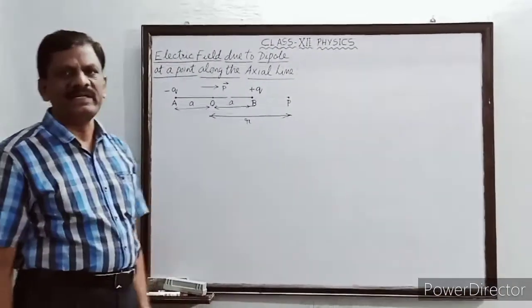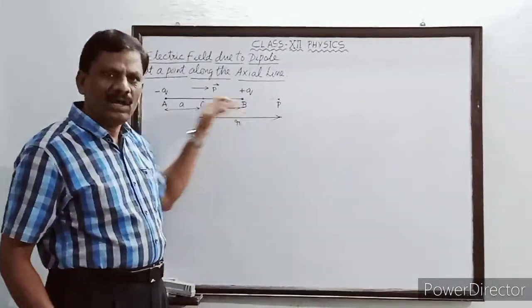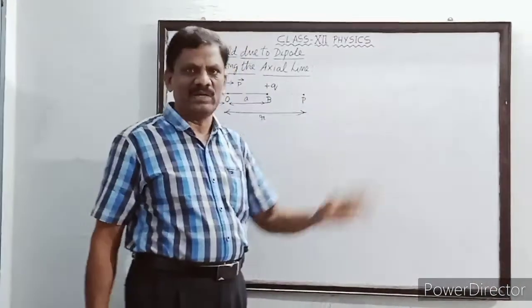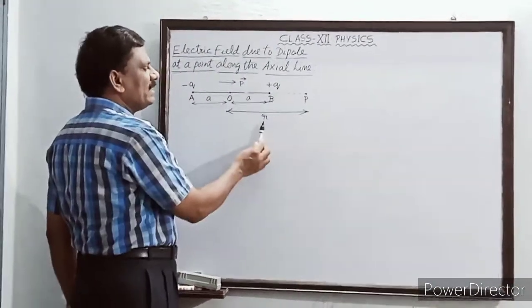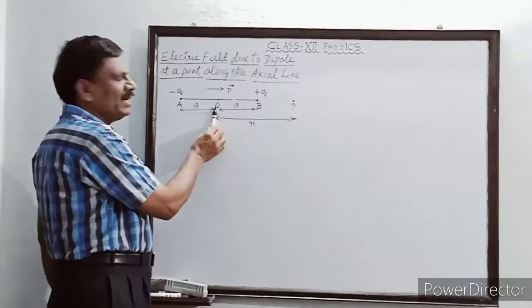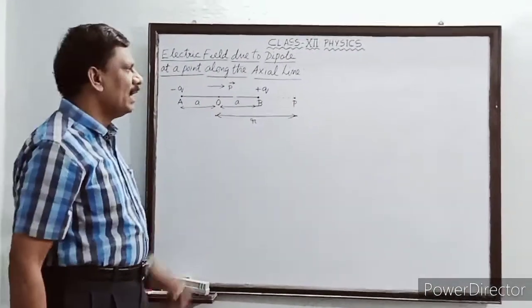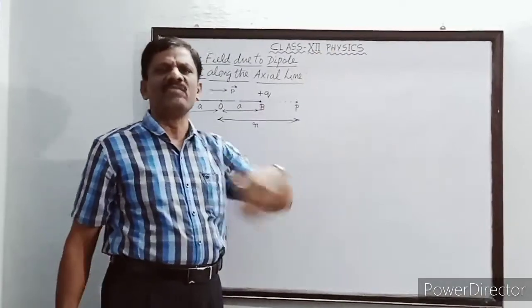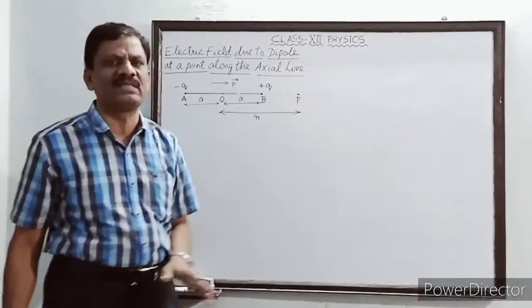Now in the derivation, we have to choose a point P along the axial line of the dipole, anywhere. The point P is at distance r from the midpoint of the dipole. Any point P or any other point, if you measure, should always be measured from the midpoint of the dipole.